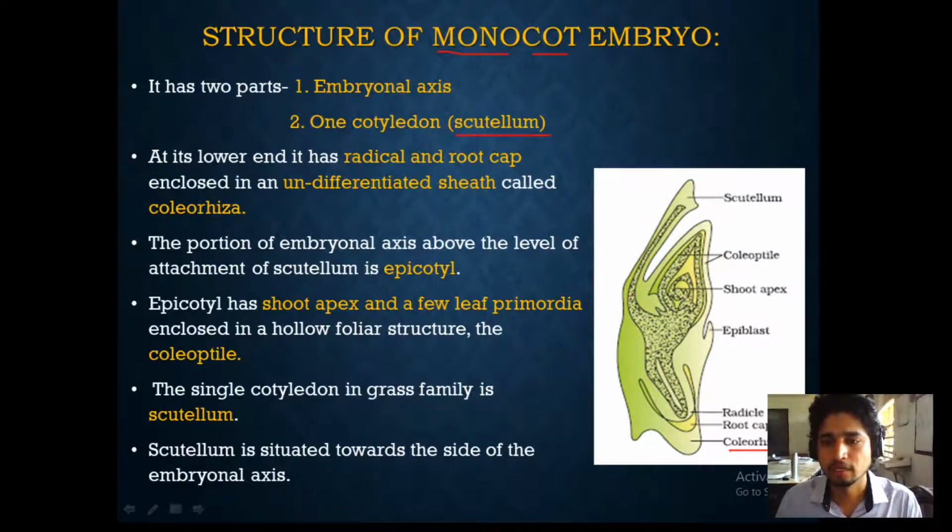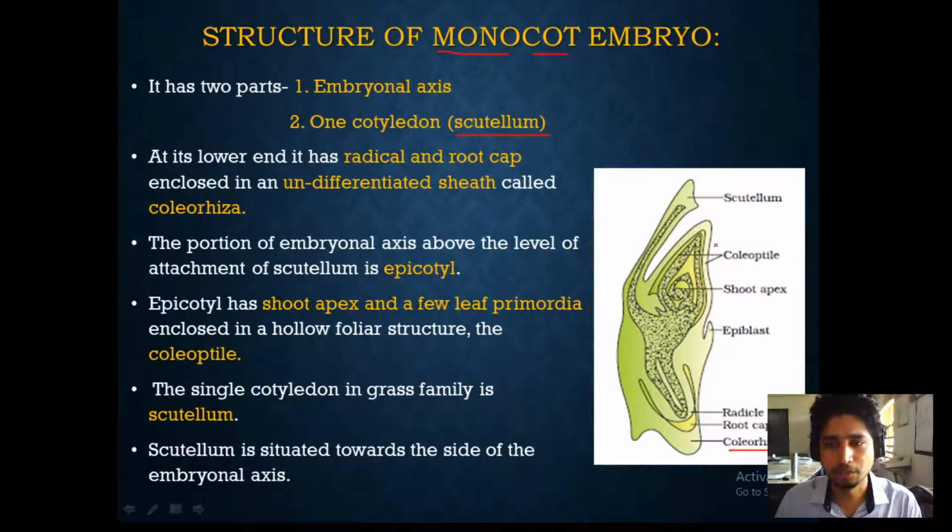The entire portion becomes the epicotyle, and this epicotyle has the shoot apex and a few leaf primordia. Leaf primordia are the structures which are destined to be the leaves in the future.